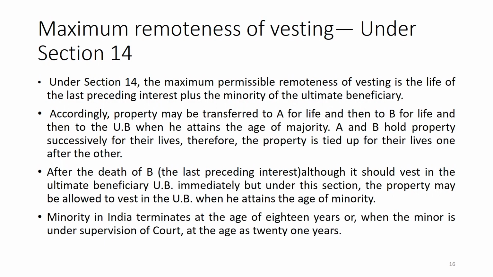After the death of B, the last preceding interest, although it should vest in the ultimate beneficiary, the unborn child, immediately, under this section the property may be allowed to vest in the unborn when he attains the age of majority. And majority in India terminates at the age of 18 years, or when the minor is under the supervision of the court, at the age of 21 years.